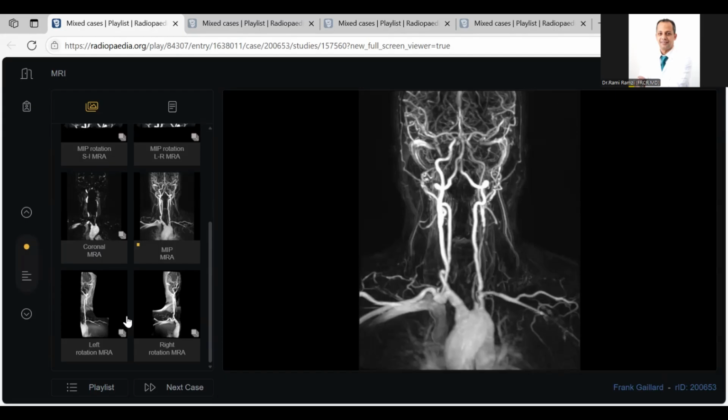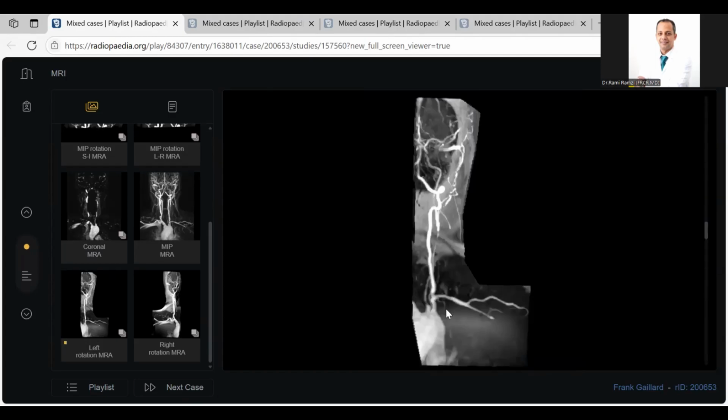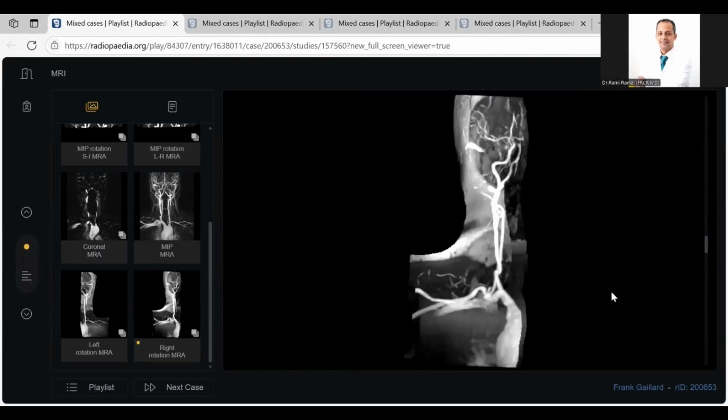Distally, there is loss of signal seen in the branches of the left subclavian artery. And what happened here also? Focal segment of narrowing is also seen with a bit of aneurysmal dilatation. I believe this is on the right side. So the right brachiocephalic is quite large in caliber and then goes into the right subclavian artery, which is slightly narrow.